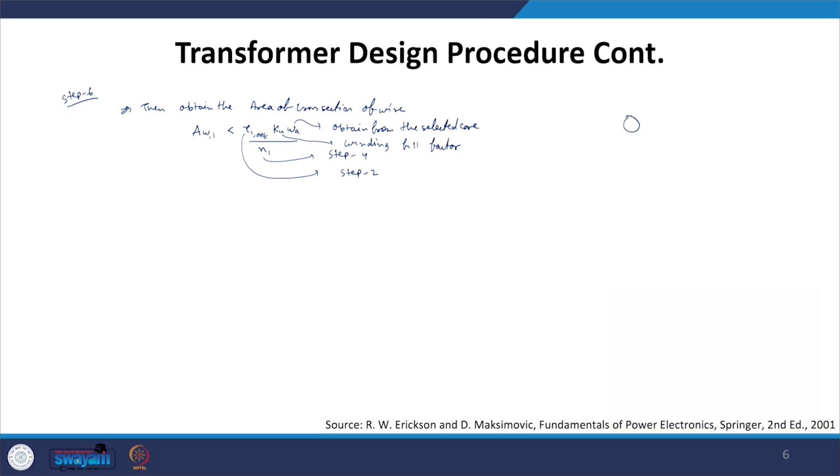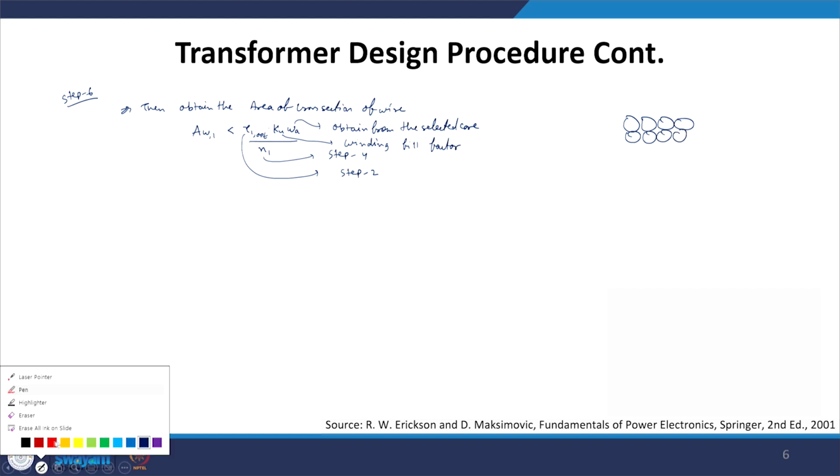For example, if we take the circular conductor and place them nearby each other, then still we will not be able to use the entire space which has been allotted to that particular winding, because this area is still vacant and we cannot use that. So, obviously we have to define a term called the winding fill factor, which accommodates this area which will not be used, and obviously Ku is always less than 1. It depends upon what kind of windings these are.